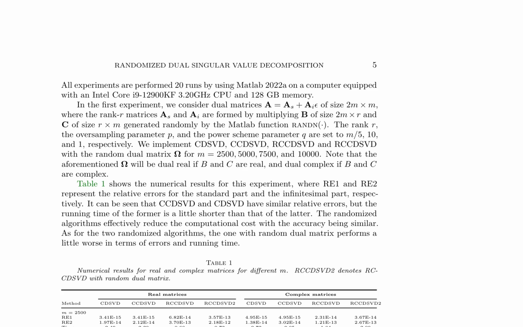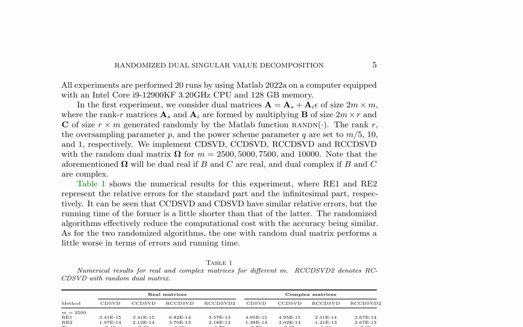They also provide theoretical bounds on the approximation errors under Frobenius norm and a quasi-metric. In their experiments, the authors considered dual matrices A equals As plus Ia of size 2m times m, where the real matrices As and Ia were formed by multiplying B of size 2m times r and C of size r times m, generated randomly by the MATLAB function randn.